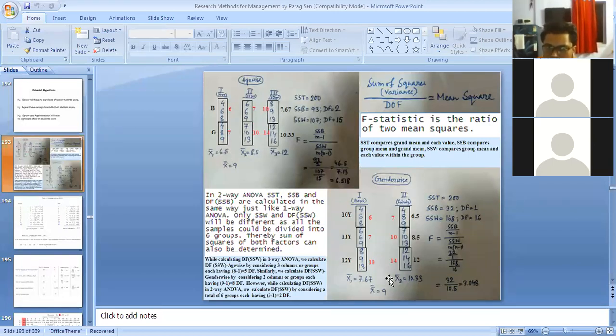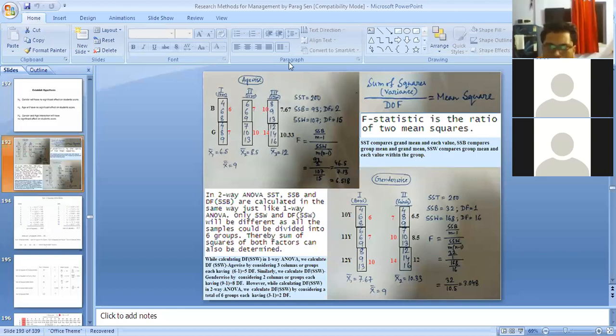In the case of one way ANOVA, whenever you are calculating the sum of square within, that means the variance, you are subtracting each element of a particular column from the column average values.